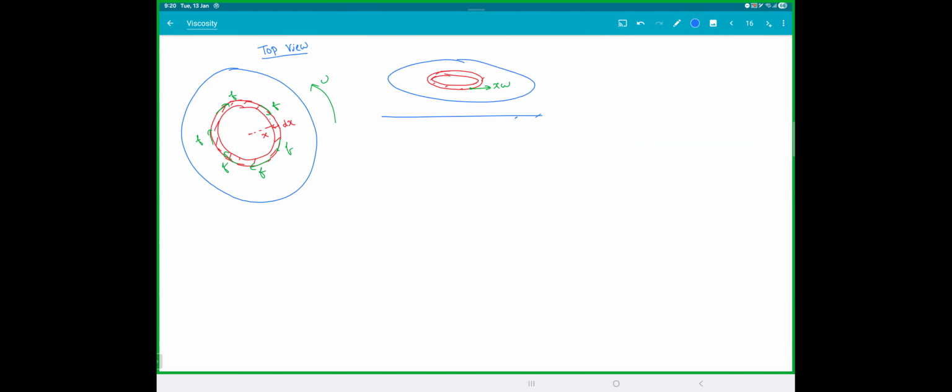And when you place it on a floor, the speed of the floor point is v equals 0. So remember, when you do dv by dz, because it's a thin layer, you're taking the velocity between this ring and the floor, which is x omega minus 0 by z. That's your dv by dz.